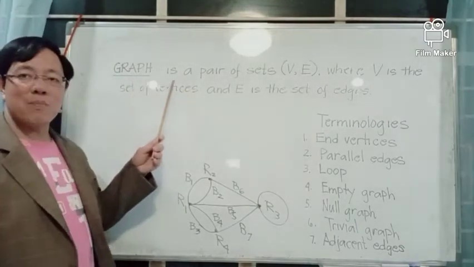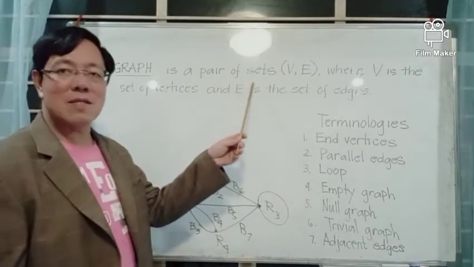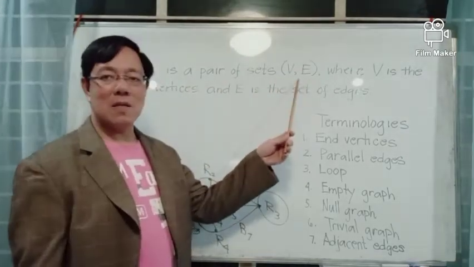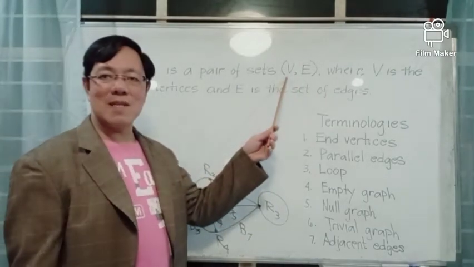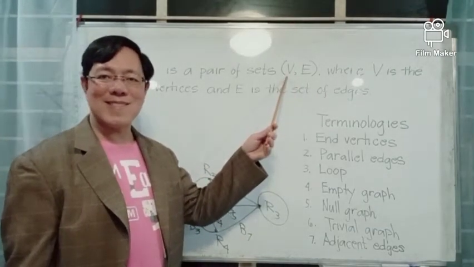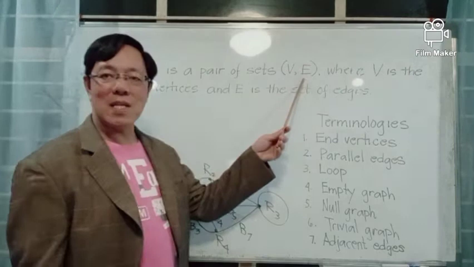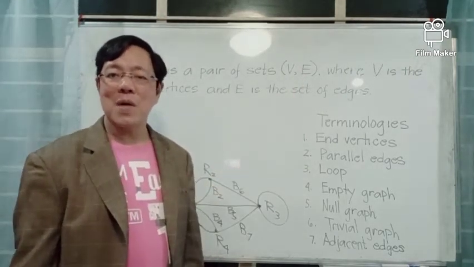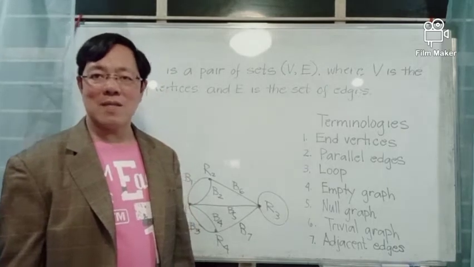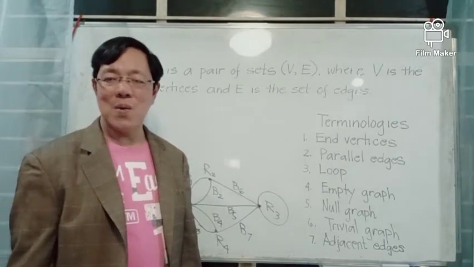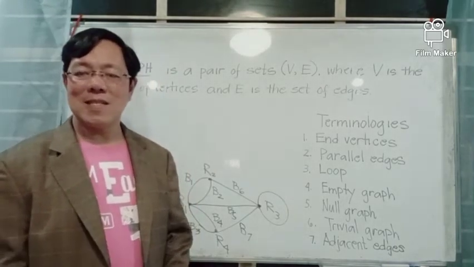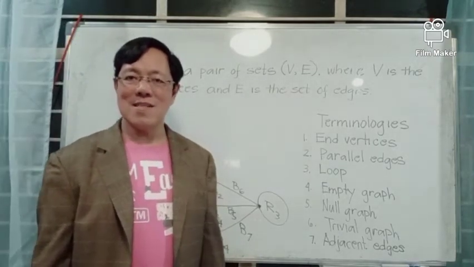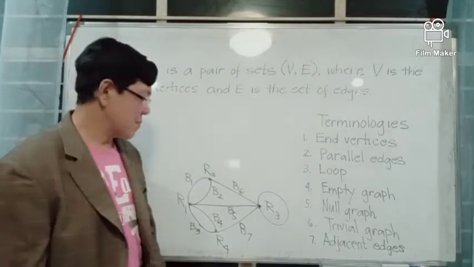A graph is a pair of sets denoted by capital V and capital E, where capital V is the set of vertices and capital E is the set of edges. Again, a graph is a pair of sets V, E, where V is a set of vertices and E is a set of edges.